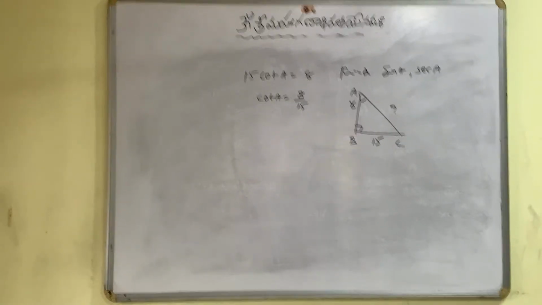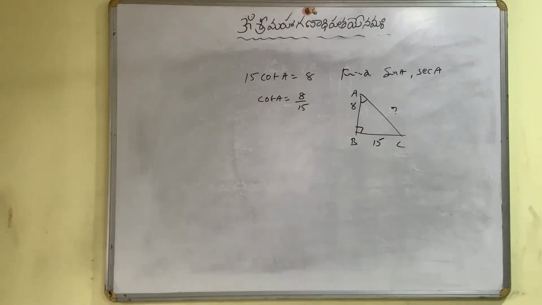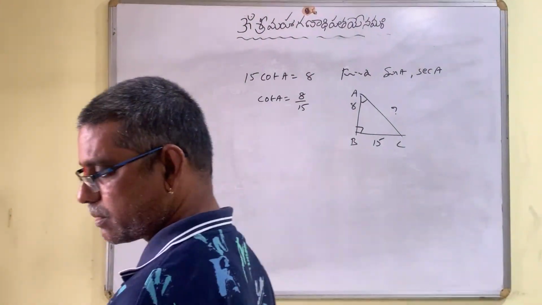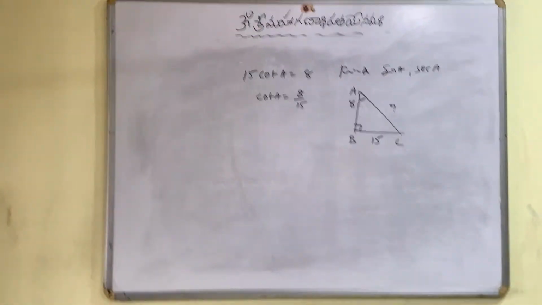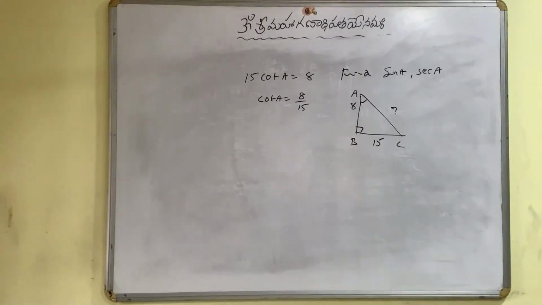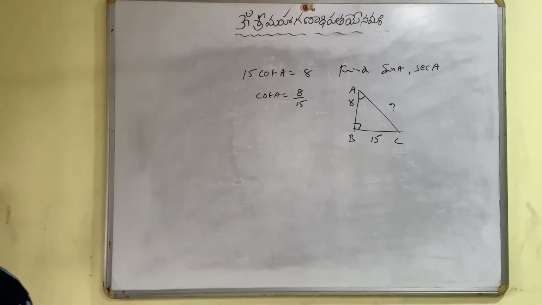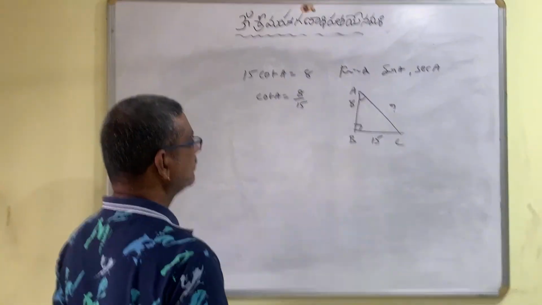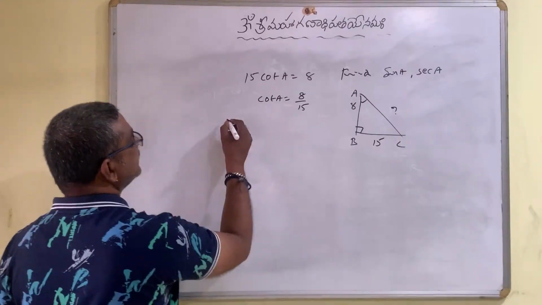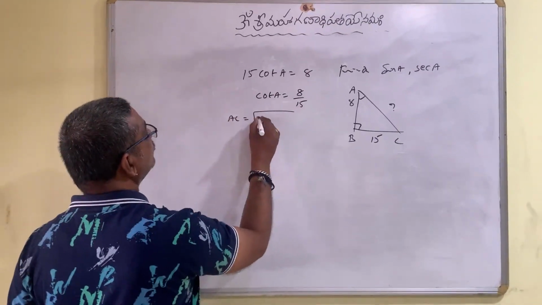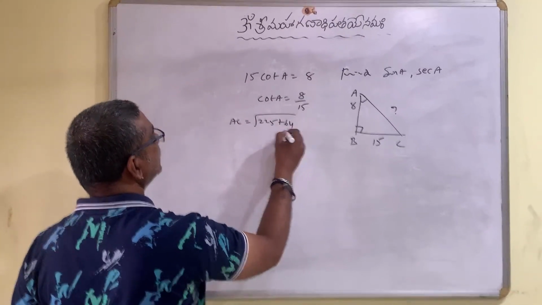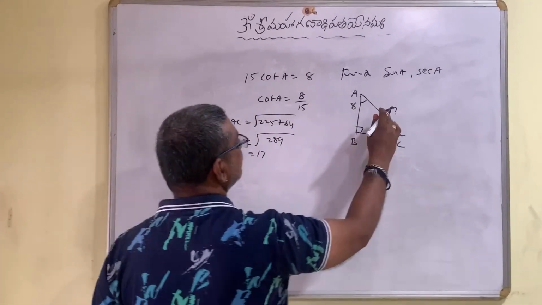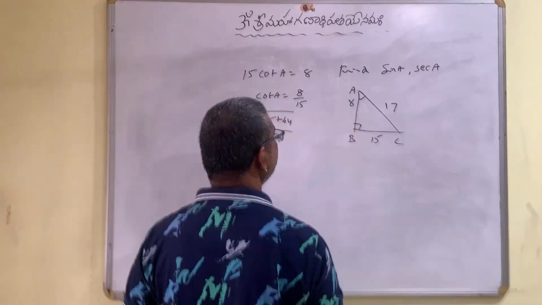Vanshika, why you kept angle A in the brackets? So AC is equal to root over 225 plus 64, which is 289, so 17. So AC is 17.